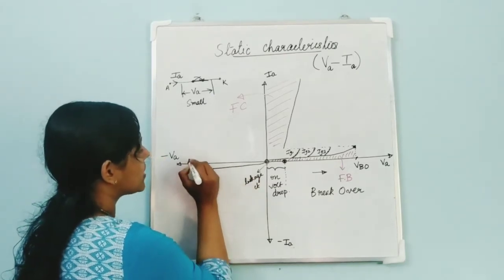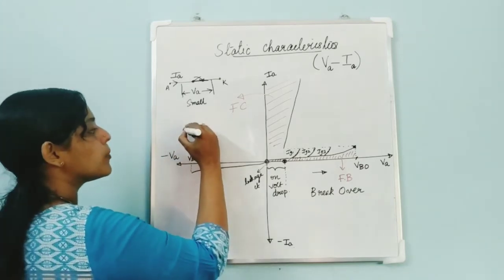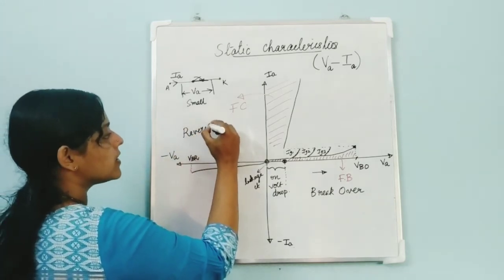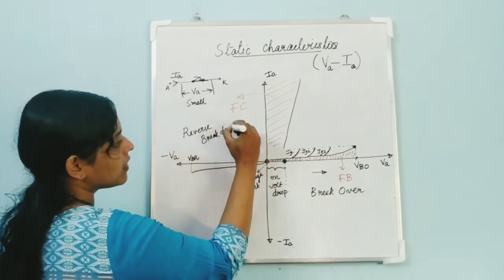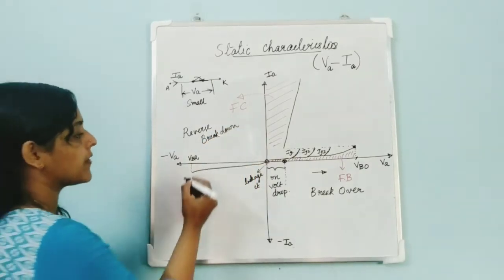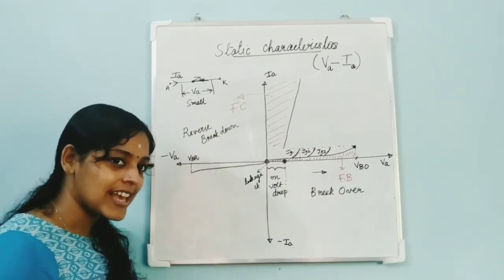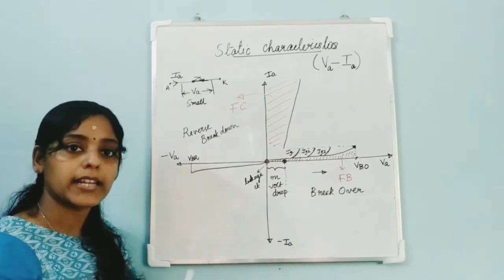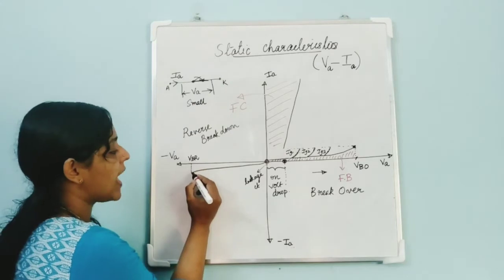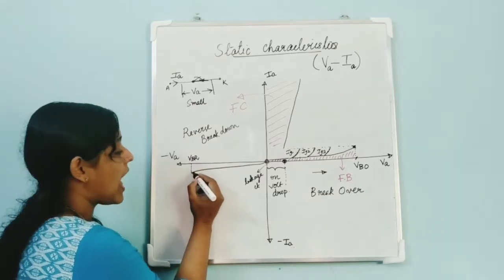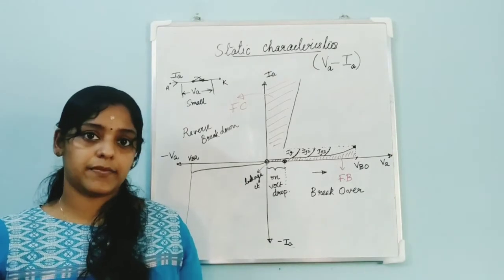And when it reaches a voltage which we call VBR, or you might know this as reverse breakdown voltage, what will happen? At this very high reverse voltage, the junctions will break down and the device will get damaged, and a very high reverse current flows through this device.